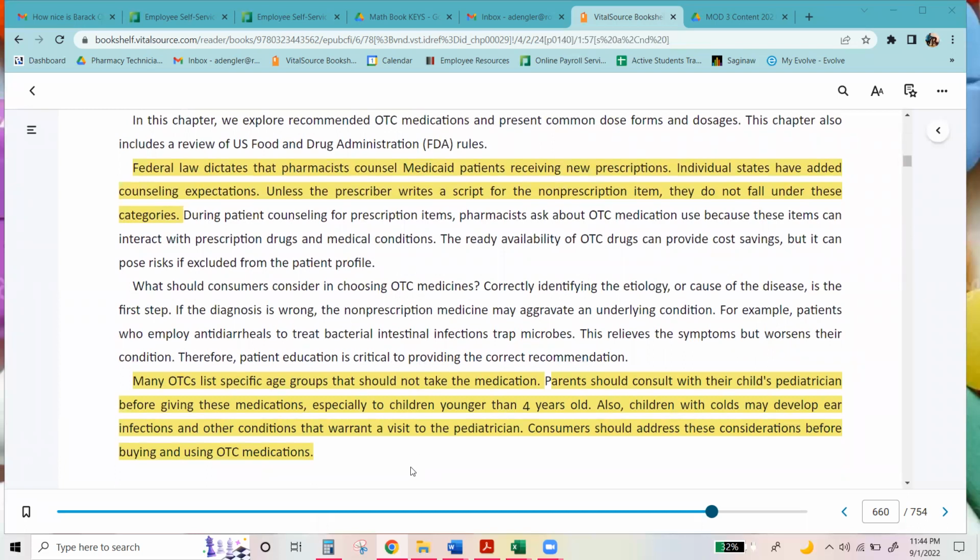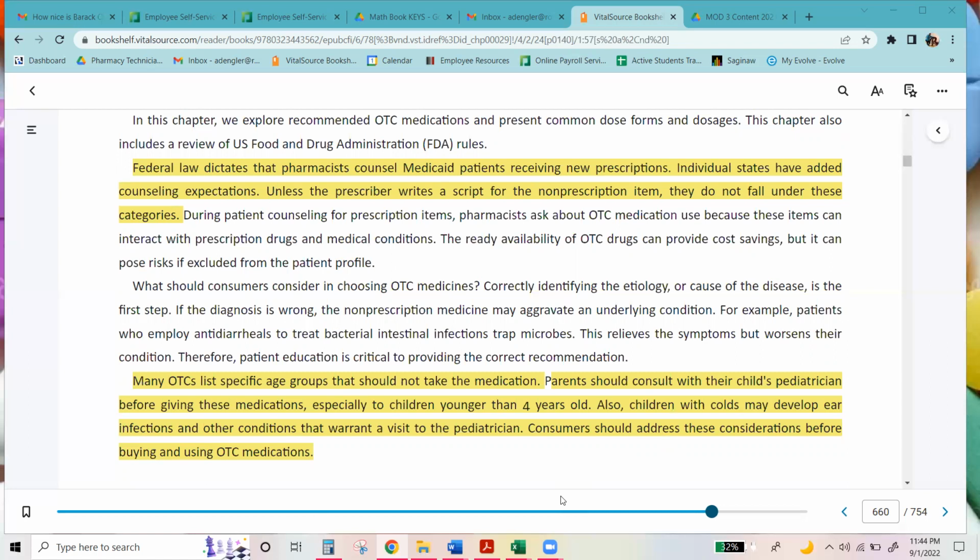What should consumers consider in choosing OTC medications? Well, they need to correctly identify the etiology or cause of the disease. That's the first step. If the diagnosis is wrong, the non-prescription medication may aggravate an underlying condition. Many OTCs list specific age groups that should not take the medication.